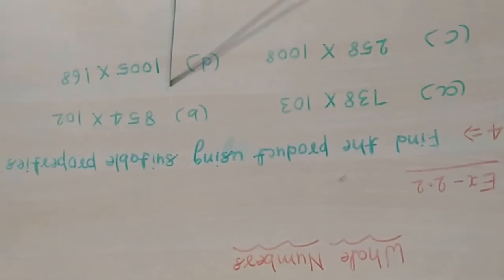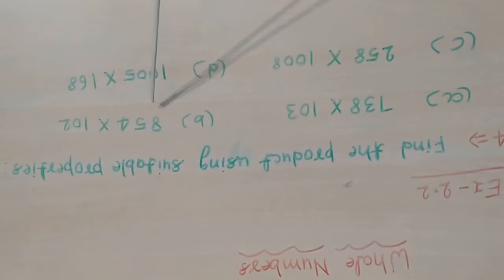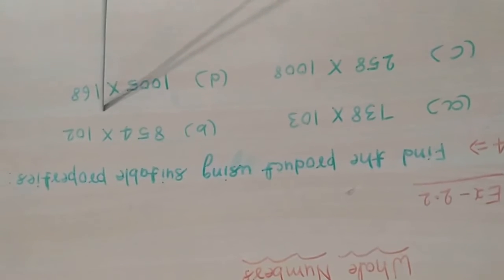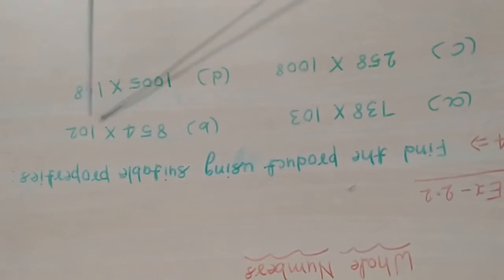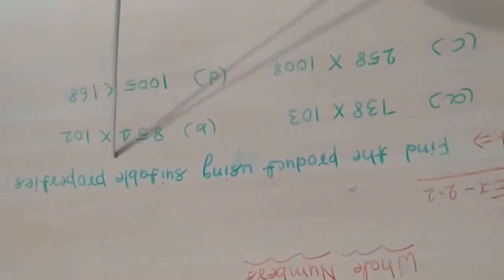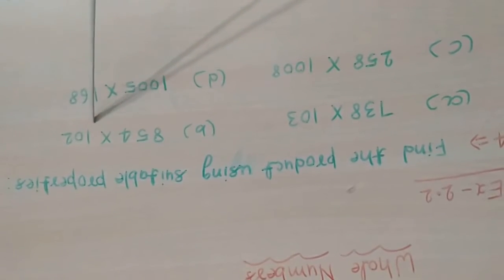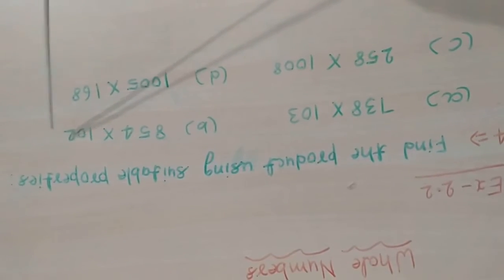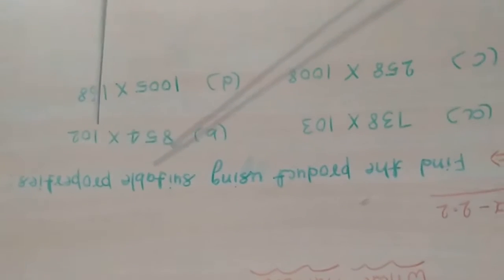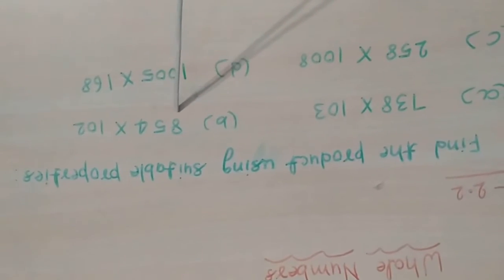Let's see B part of this question. This is B part: 854 into 102. Here we break 102 as 100 plus 2. Why do we not break 854?